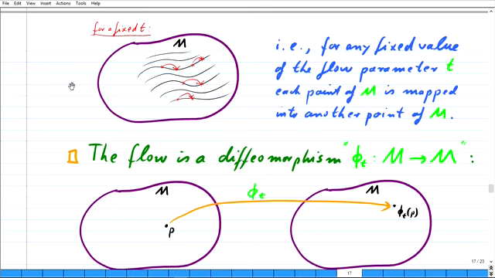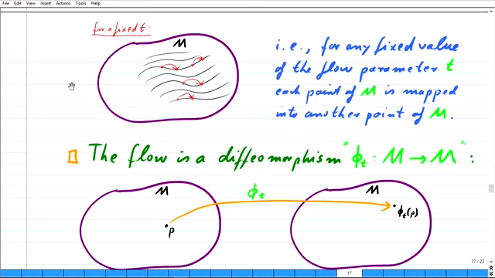What this means is that the integral curves of a vector field will generate a map of the manifold into itself. See? Because at every point of the manifold will have an integral curve associated to it. And if you follow that integral curve for a certain fixed amount of time, t, then you'll end up somewhere else. And that's true for every point of the manifold.